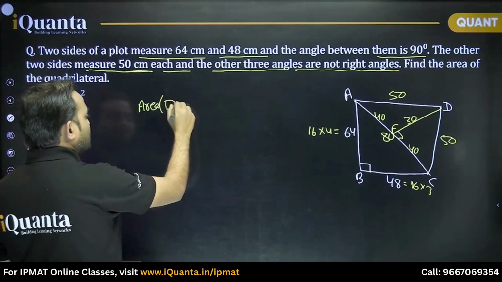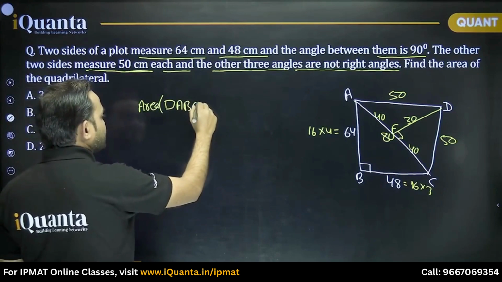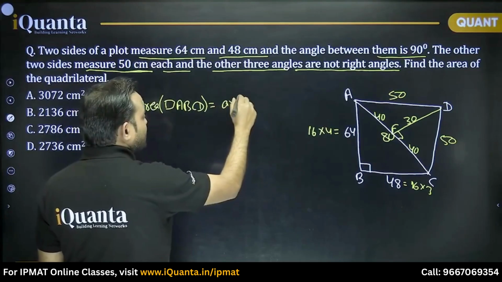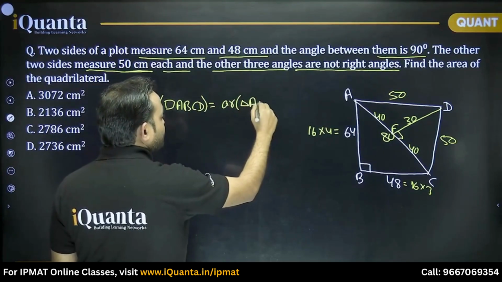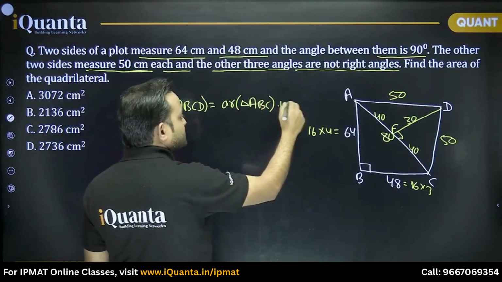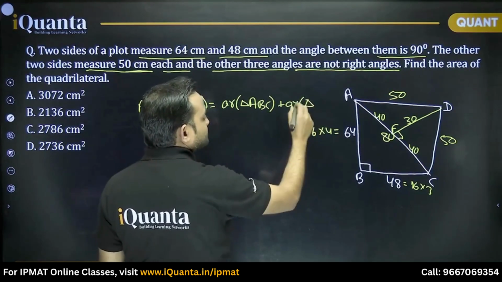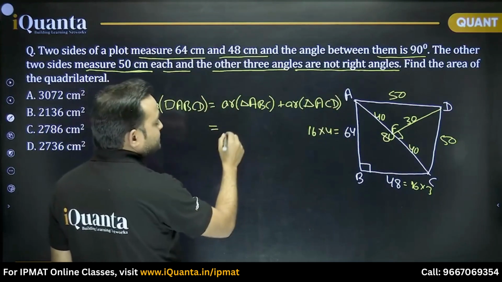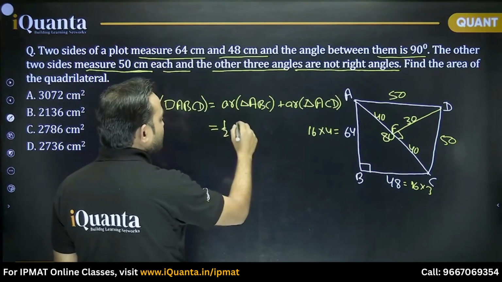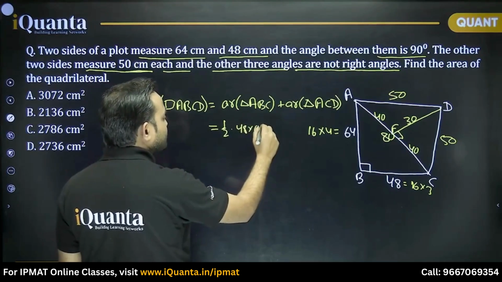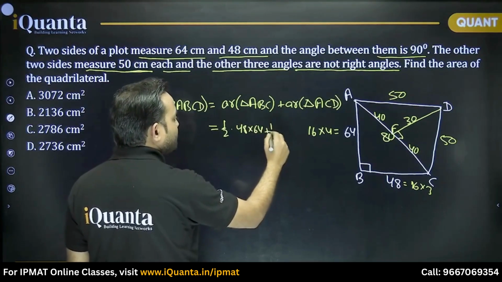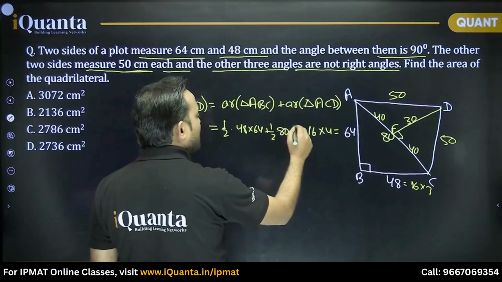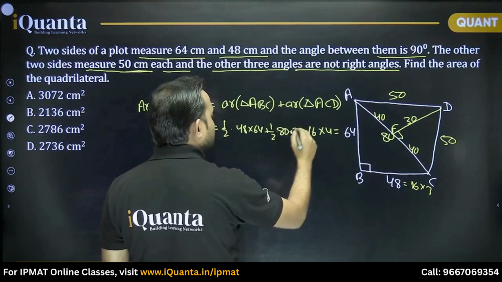What will be the area of quadrilateral ABCD? It will be the area of triangle ABC plus the area of triangle ACD. So this gives us half into 48 into 64 plus half into base, which is 80 (AC), into height, which is 30.